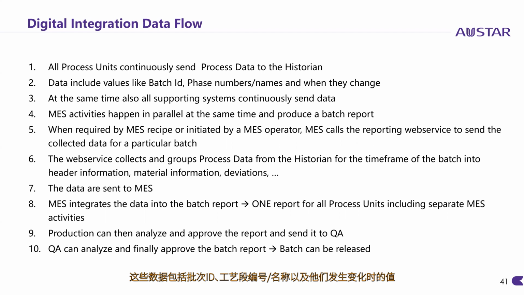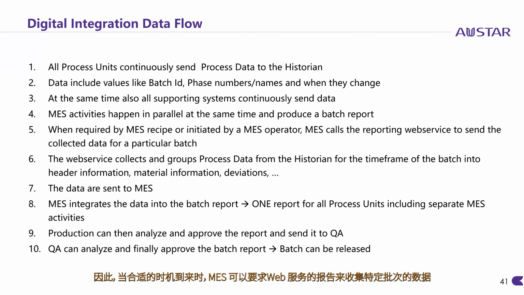MES activities happen in parallel and produce a batch report. When the right time has come, the MES can call this reporting web service to collect data for a particular batch.